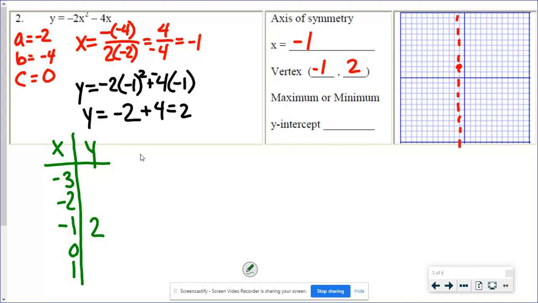If x is negative 3, I'm going to have that y equals negative 2 times the negative 3 squared minus 4 times the negative 3. So negative 3 squared is 9, positive 9, times negative 2 is negative 18. And negative 4 times the negative 3 is positive 12. And that's going to give me negative 6.